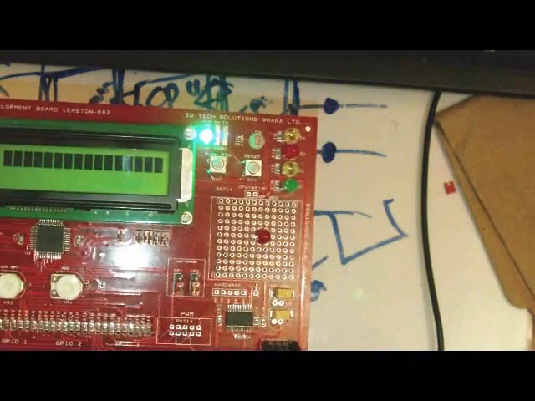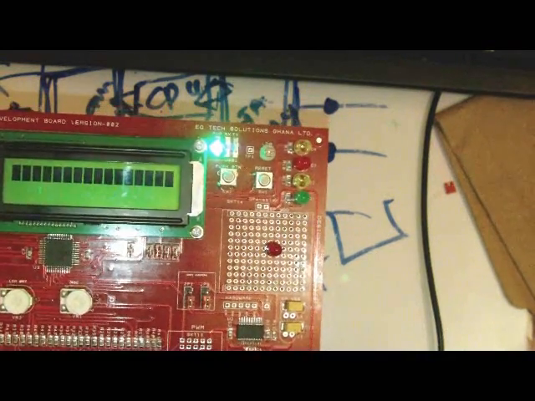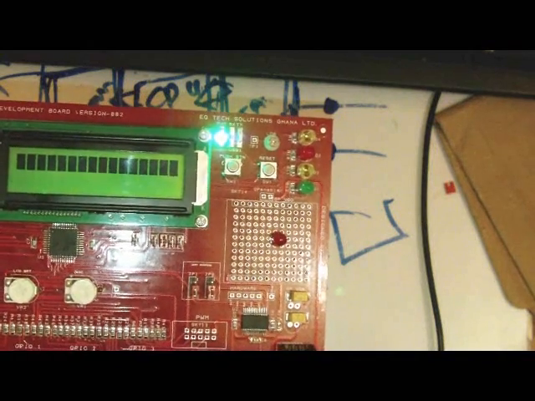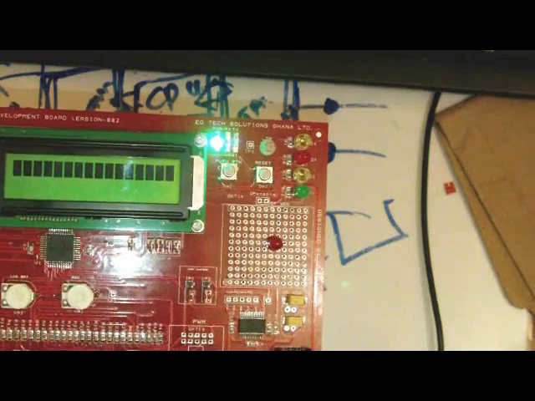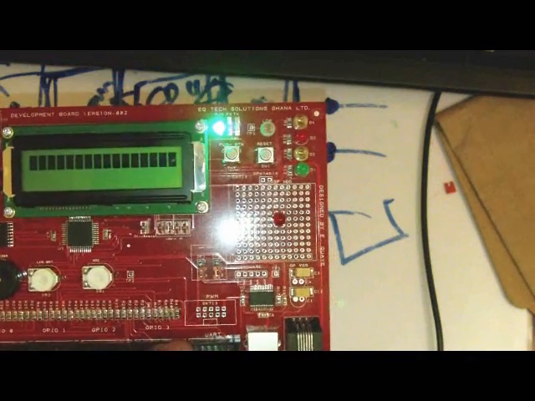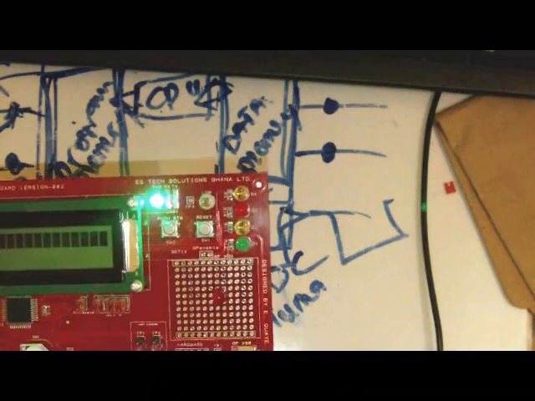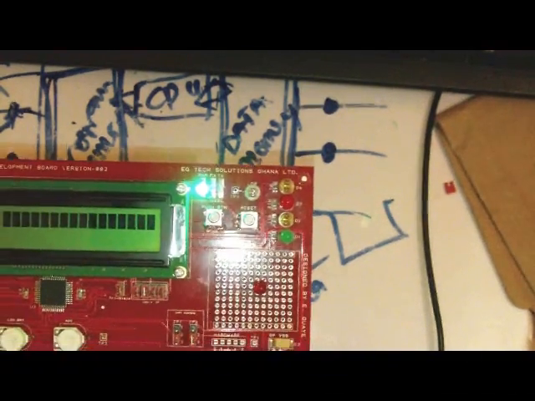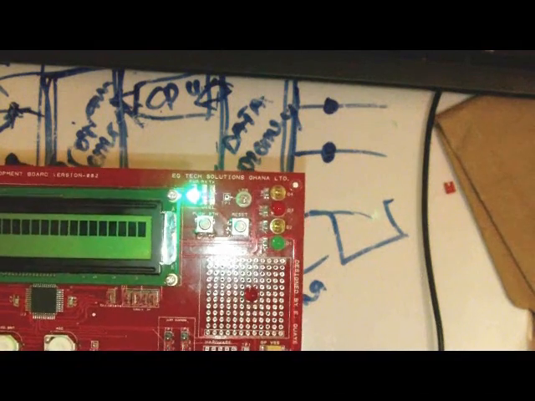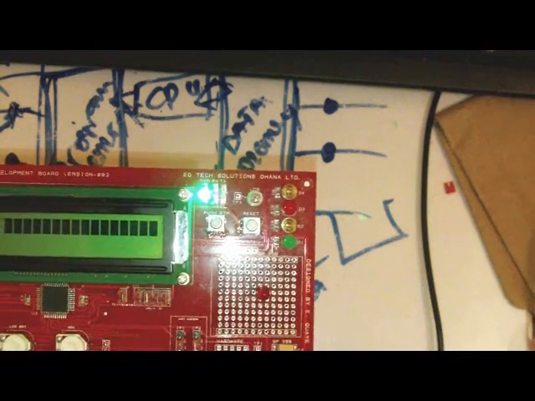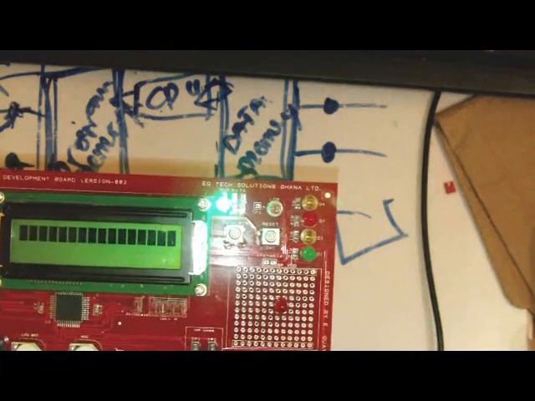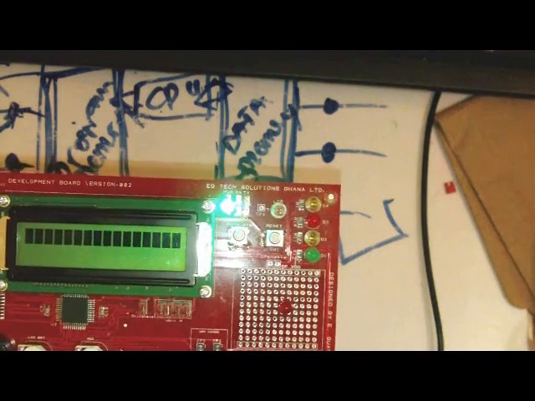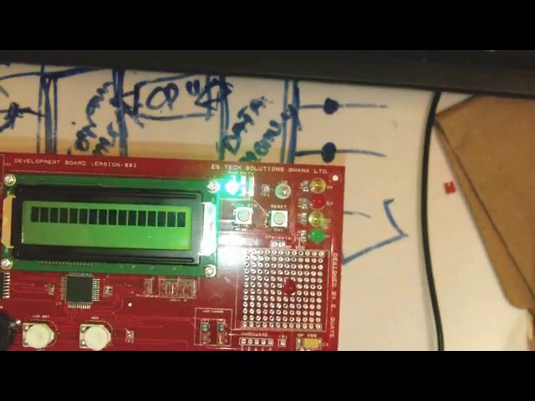So I'm going to press program. Okay, now it's programming. Alright, it's done. So this is telling us that the programming is done. We can program many times. It's doing the programming. Yeah, okay, done. The PIC that is found here is the 887.